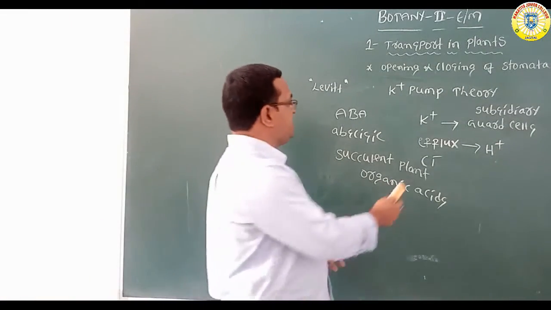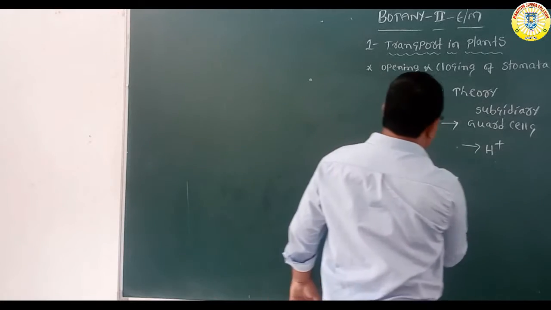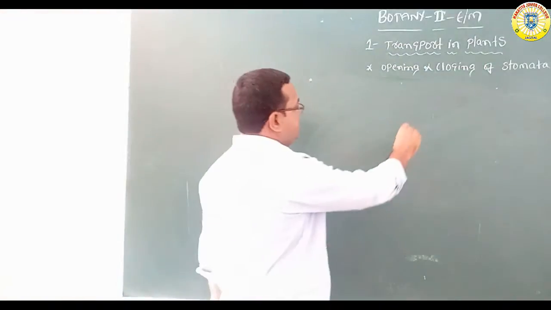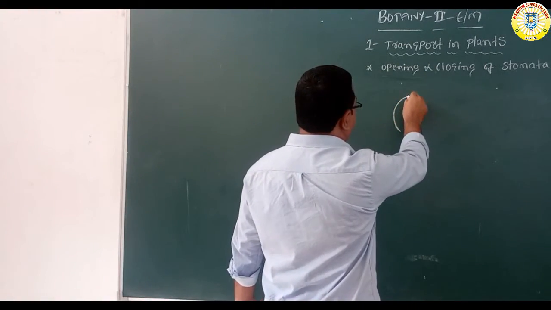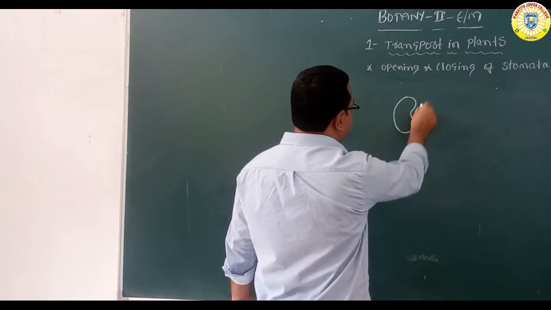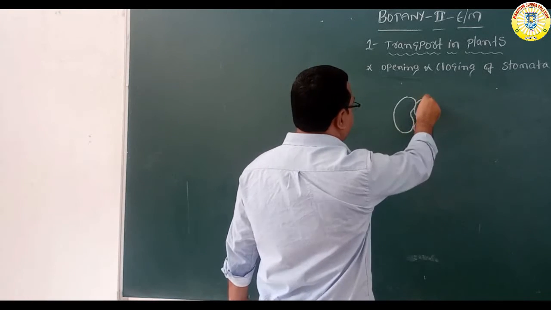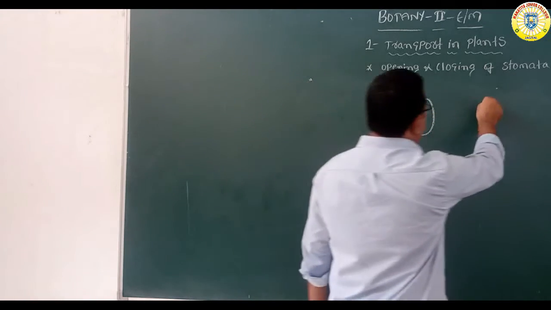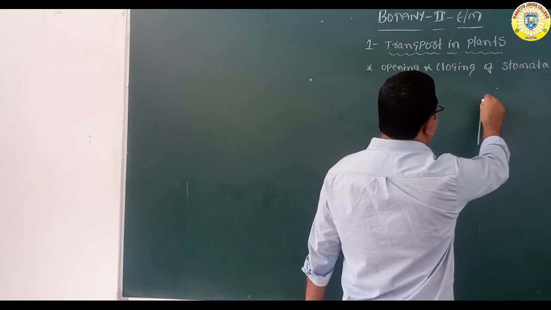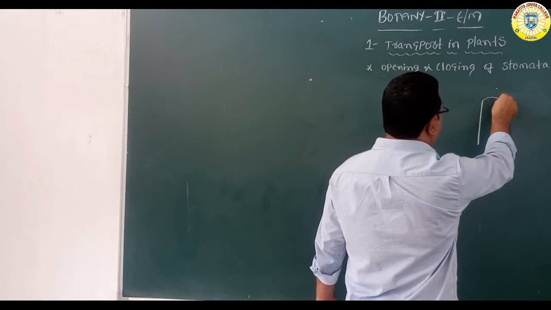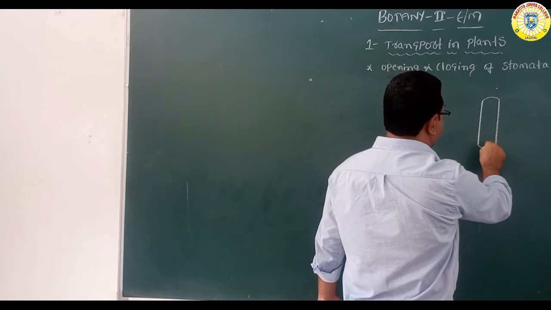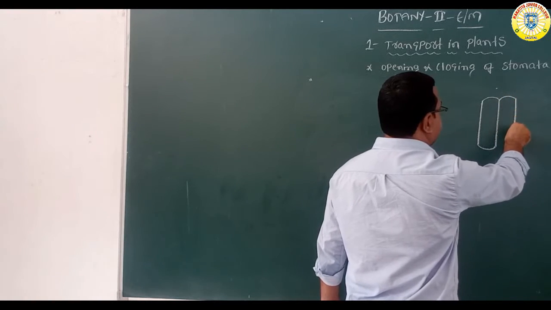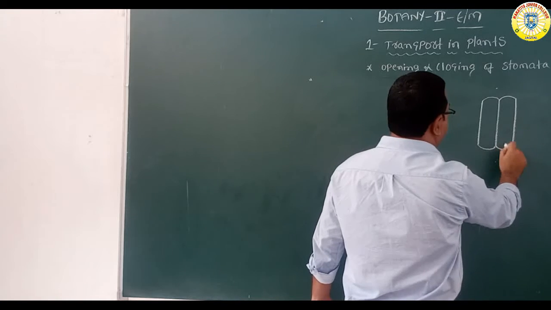Okay, for that one diagram is there. Here you can see with the help of the diagram we came to know about the K plus pump theory. You can see that this is the structure of the stomata.